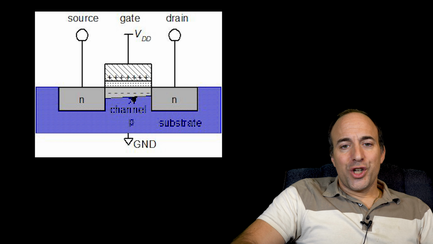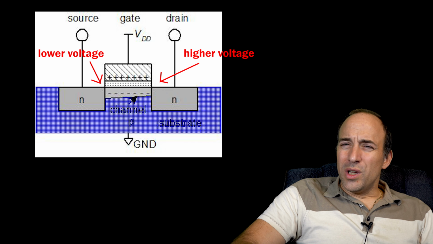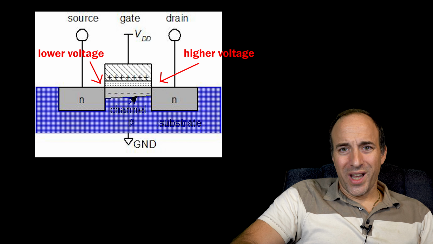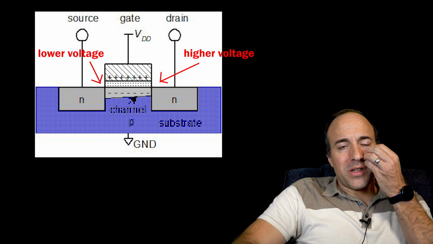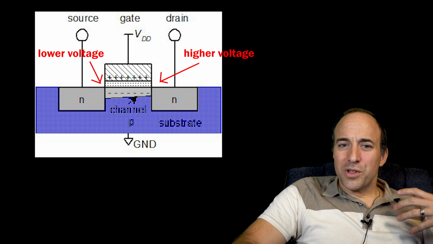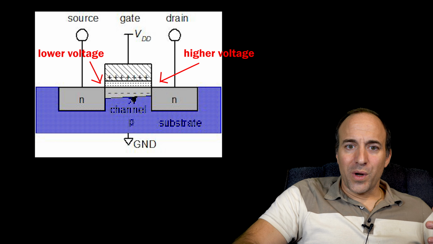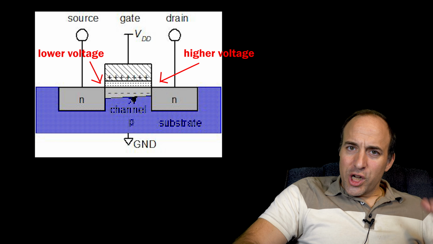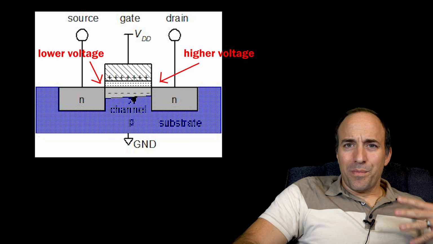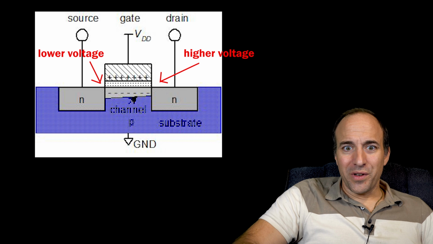But when you turn on the transistor, the channel voltage at either side will begin to appear to have the same voltage as the source and drain. So, as I mentioned, the channel and the substrate are grounded, but when you turn the transistor on and current starts to flow between the source and the drain, the channel voltage begins to look like the source and drain voltage, as opposed to the substrate voltage.